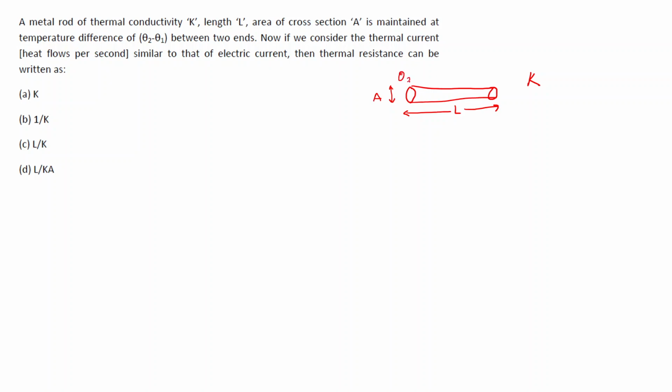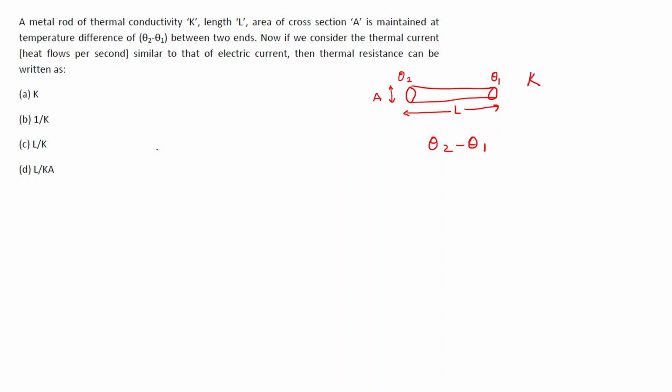So assume one side temperature is theta 2, another side temperature is theta 1. Then temperature difference will be theta 2 minus theta 1 as given here between the two ends. Now if we consider thermal current, heat flow per second, similar to that of electric current, then thermal resistance can be written as.